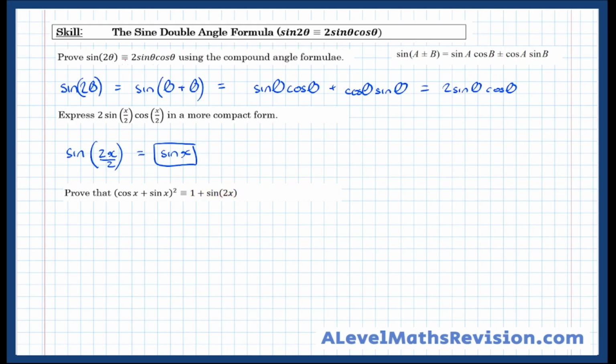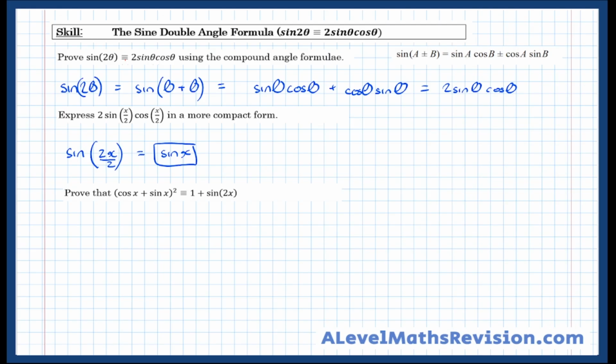What I see students do quite a lot is, they'll do something on this side, then every single line they'll write identical to 1 plus sine of 2x, which is just a waste. It's almost like giving the punchline to a joke away before you've actually told the joke. This here is the punchline of the whole proof, and we're telling the story, showing you how you get to that punchline.